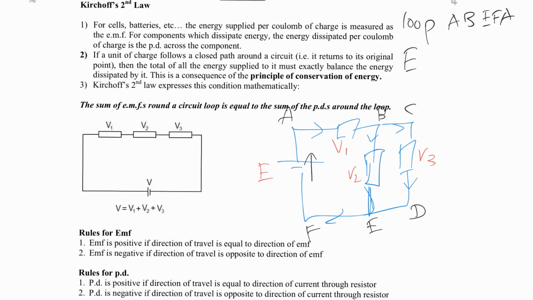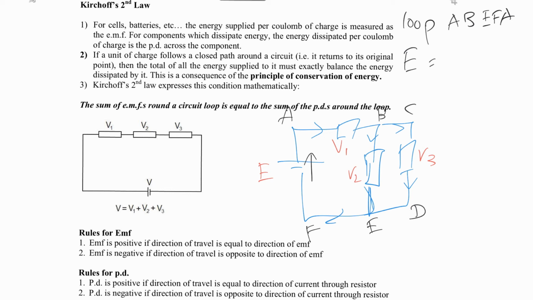Understand? Equals to, now, the PD. If I'm moving this way, I must look at the current. That means I must find the PD here and the PD here. In other words, in this loop, can you see there are two resistors? So with this PD and this PD. So what is the PD here? My travel is this way, A to B to E to F to A. That means I'm traveling this way, and the current through this resistor is also to the right.